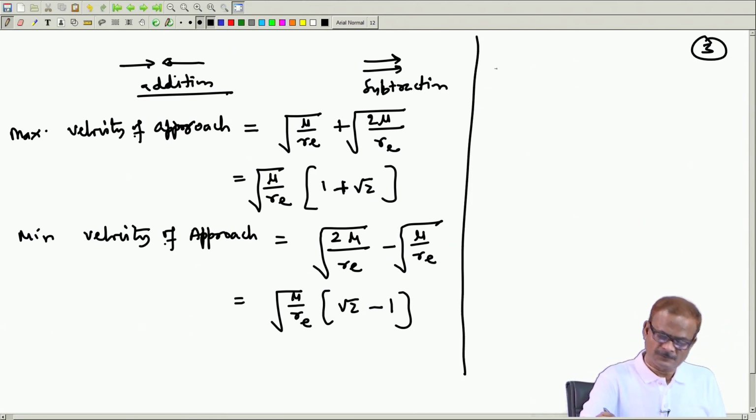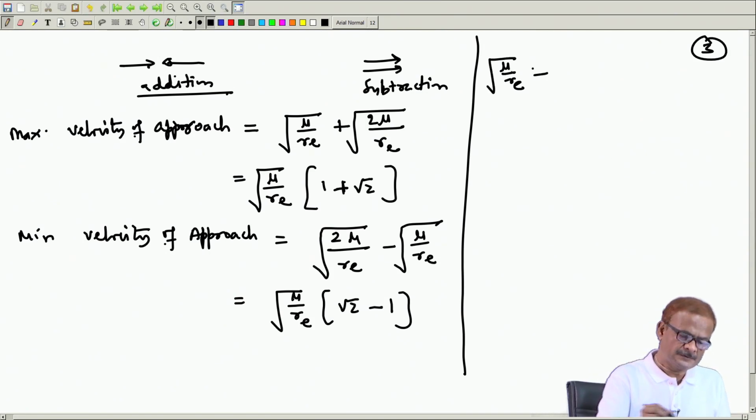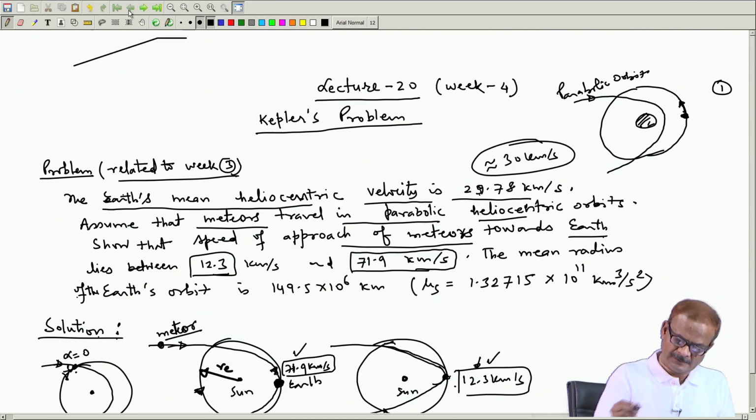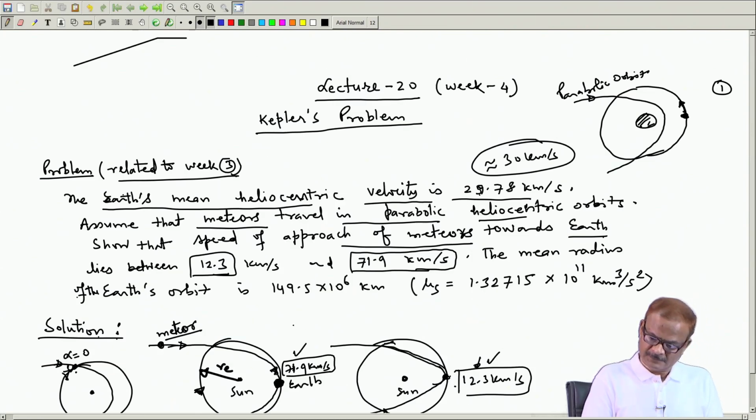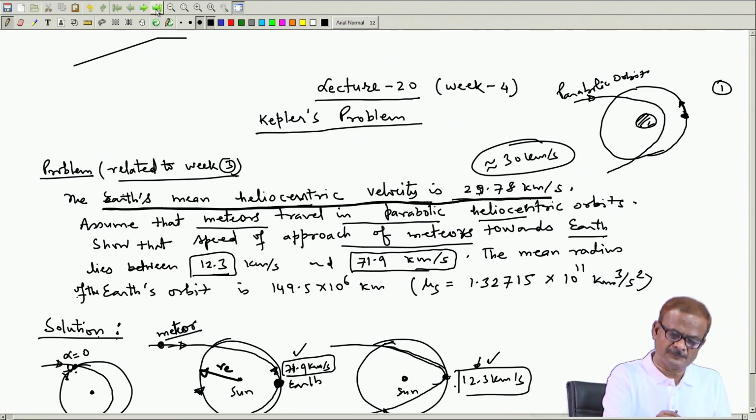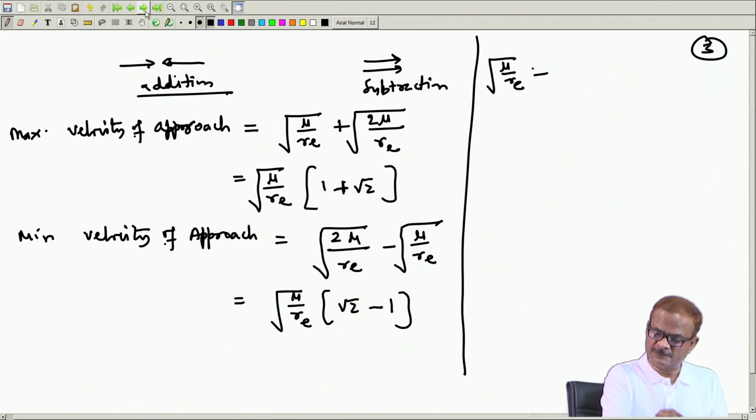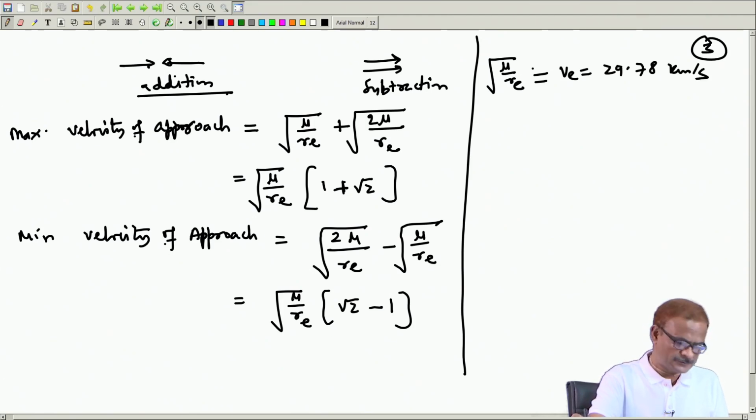So, mu by r e is given, in the problem itself it is stated, Earth's mean velocity is 29.78 kilometers per second. So, the things are given. So, this quantity is given to be 29.78 kilometers per second.